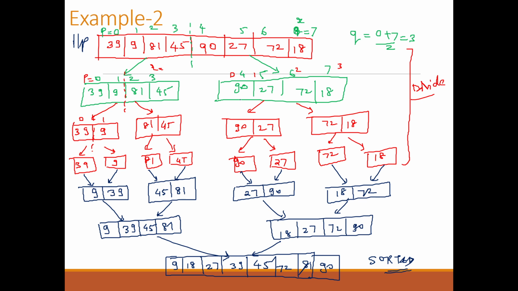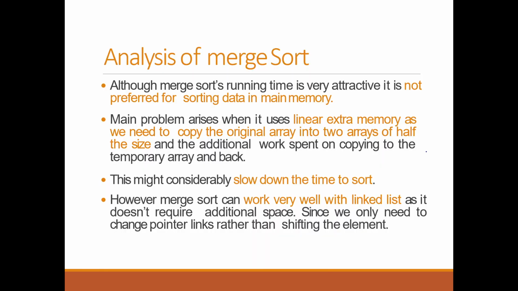So we divided it into smaller parts, sorting, dividing, and then combining to get the sorted arrays. Okay, so this is called as divide and conquer technique to get a sorted array. So this is the functioning of the merge sort.